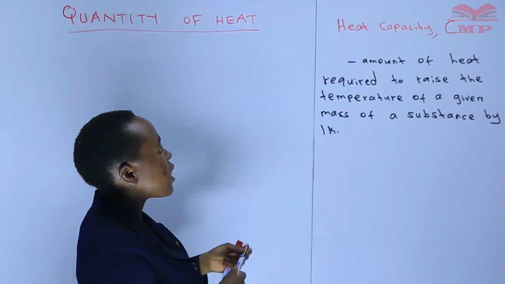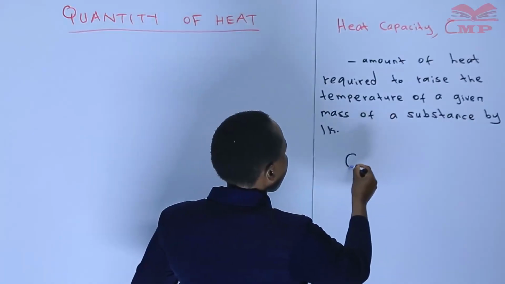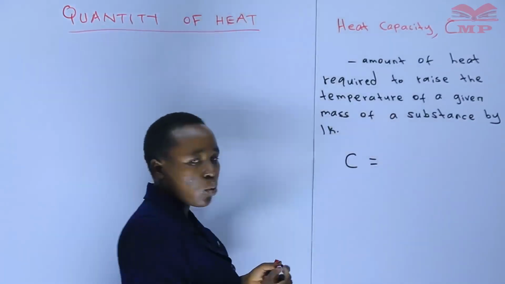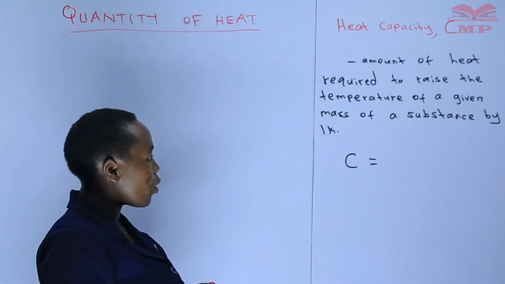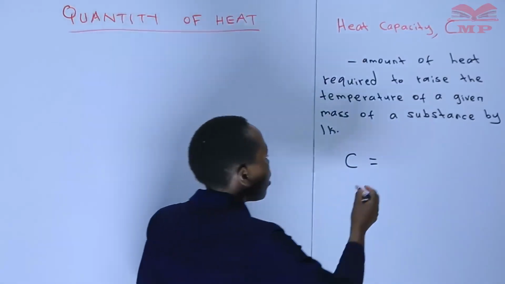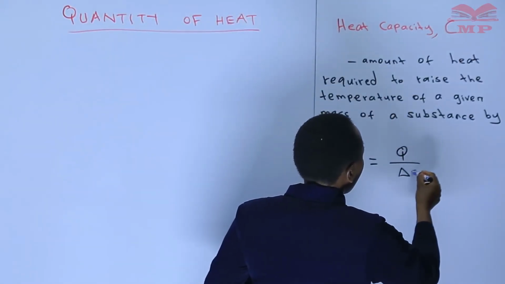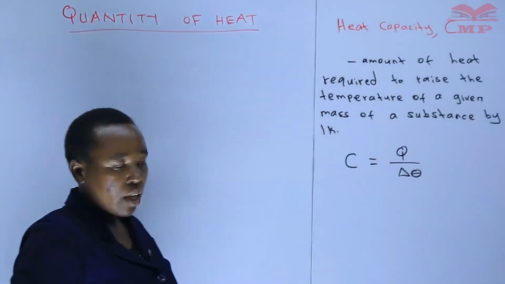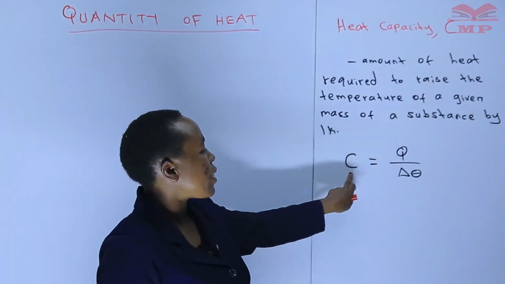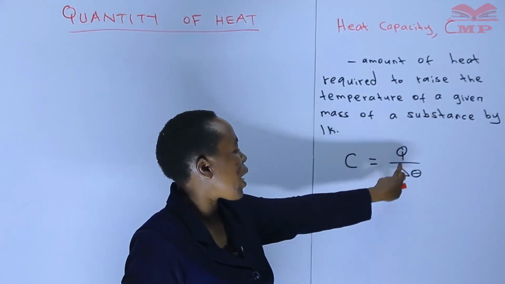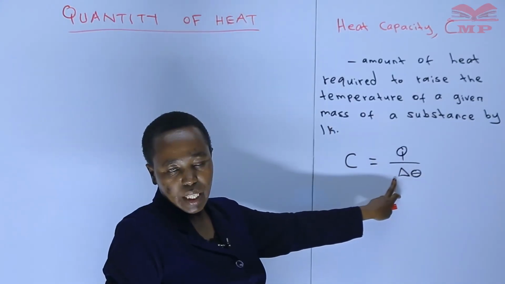And therefore we say that heat capacity, C, will be equal to the heat absorbed, or maybe the heat given out, which is denoted by Q, divided by the change in temperature. So heat capacity is equal to heat energy divided by change in temperature.